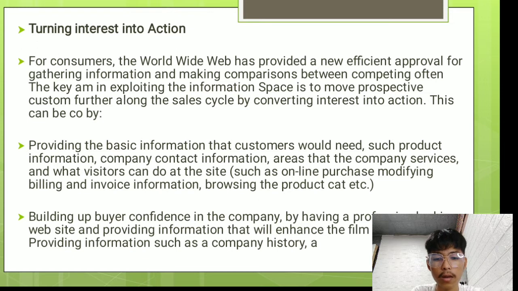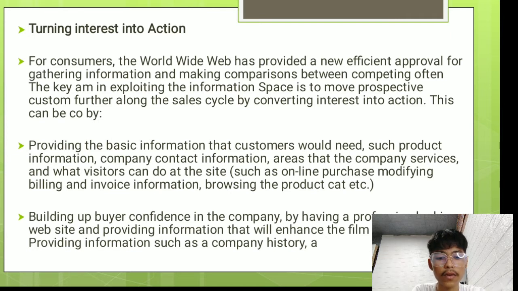This can be done by providing the basic information that customers would need, such as product information, company contact information, areas that the company services, and what visitors can do at the site, such as online purchase, modifying, billing and invoice information, and browsing the product.